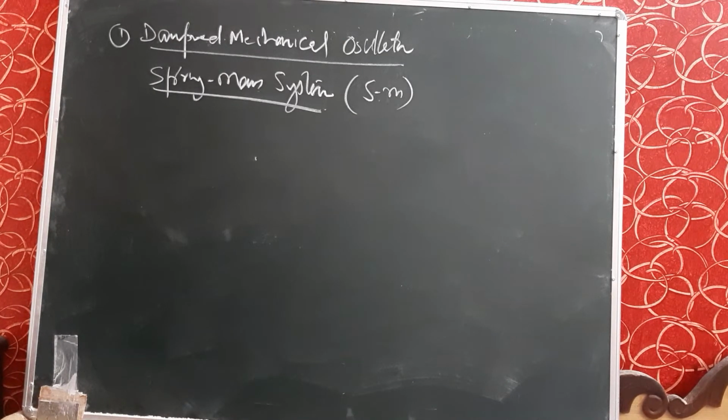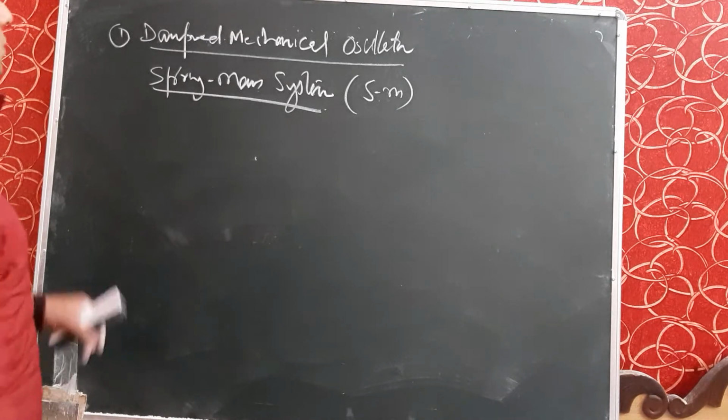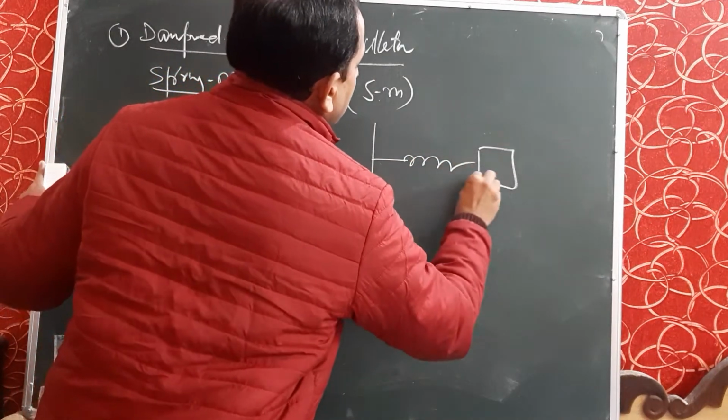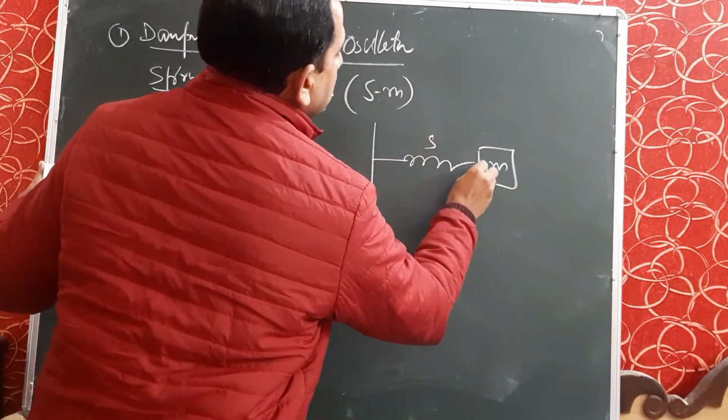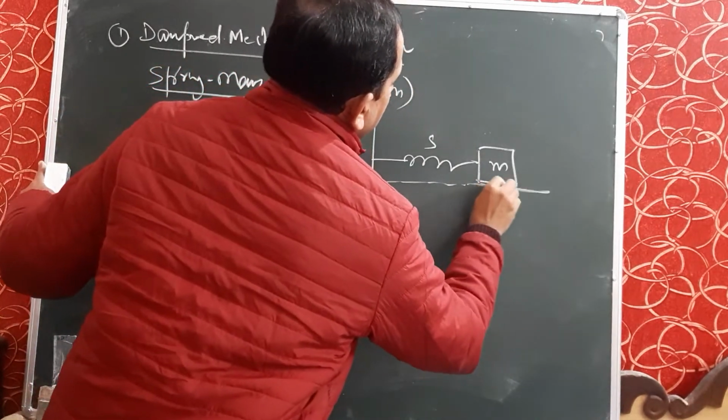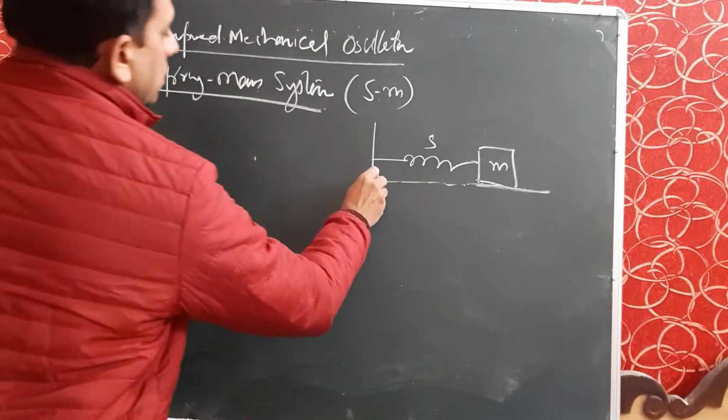The same type of example will be discussed in this case. So let there be a spring, this one, and a mass attached to the spring. Both are lying on a fixed support or table, this is the table.